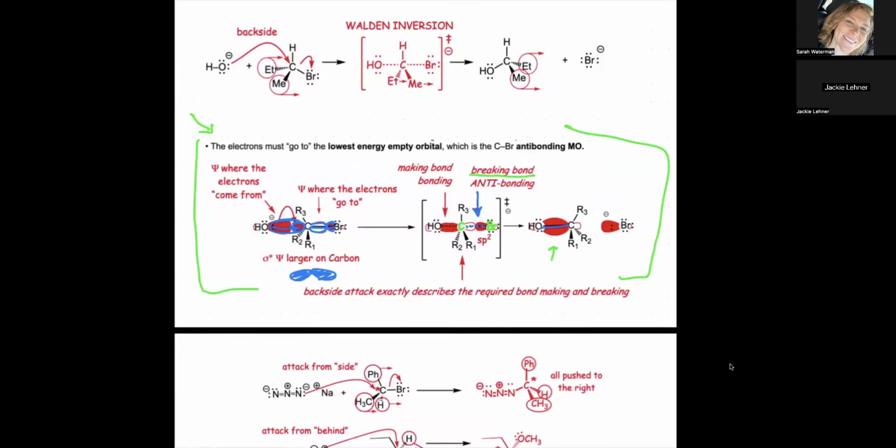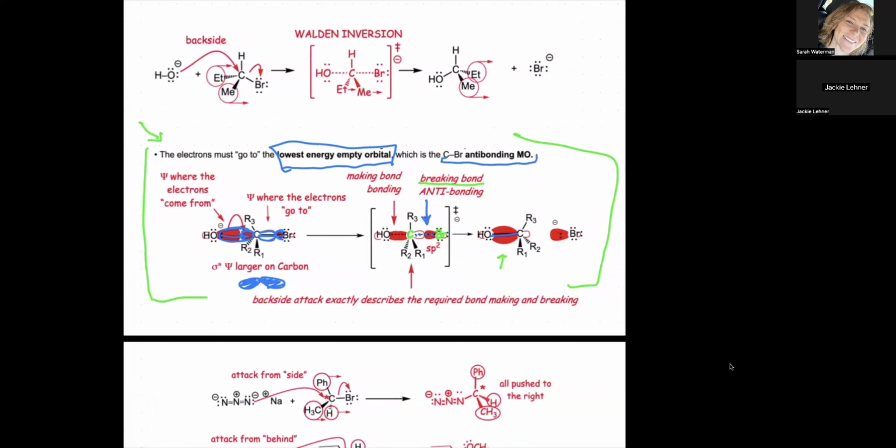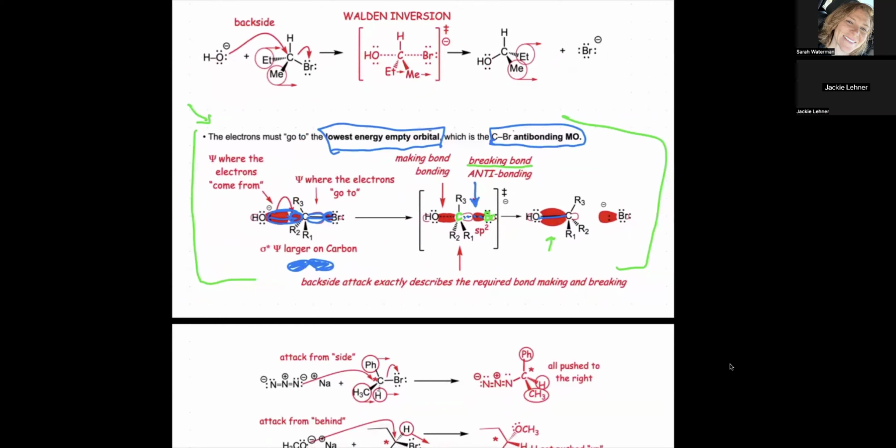So how is it possible that they go from in phase to out of phase? I don't know, I'm confused. The electrons must go to the lowest energy empty orbital, which is the C-Br antibonding.